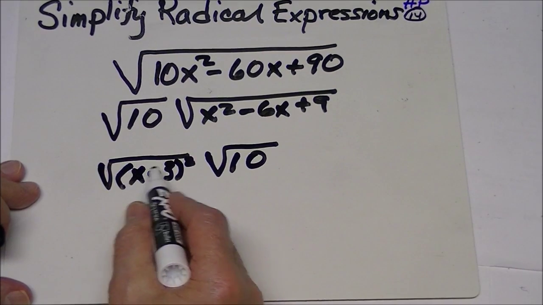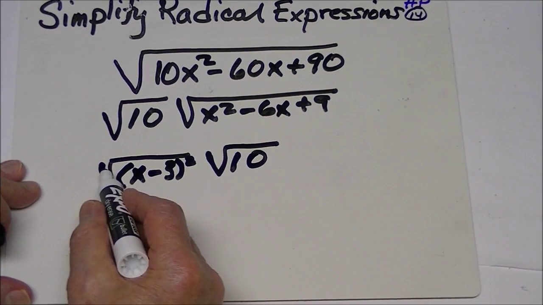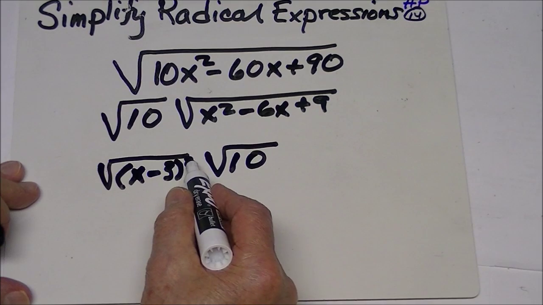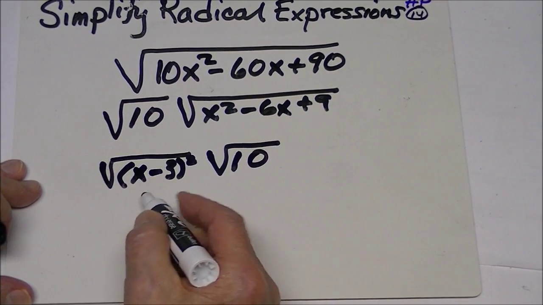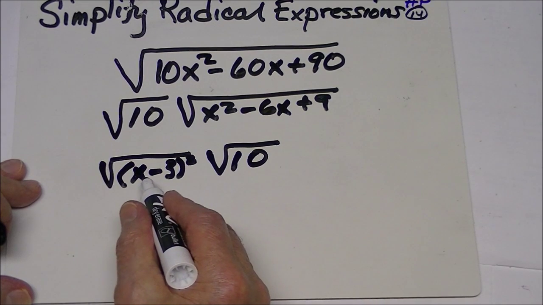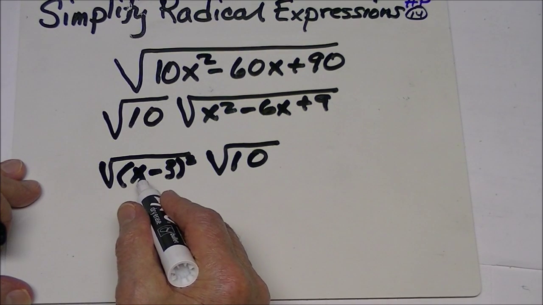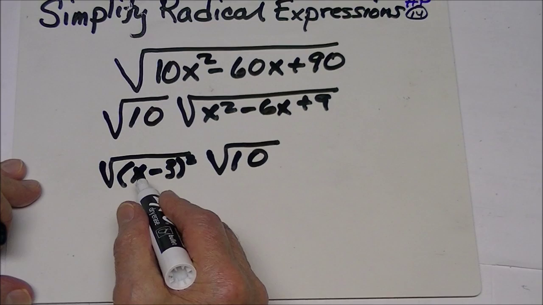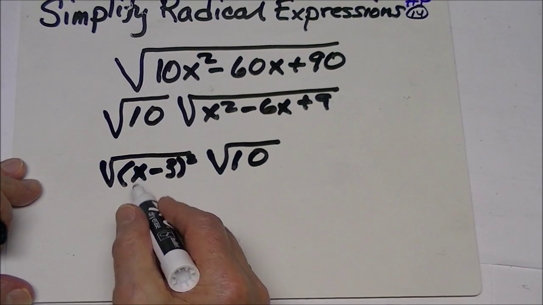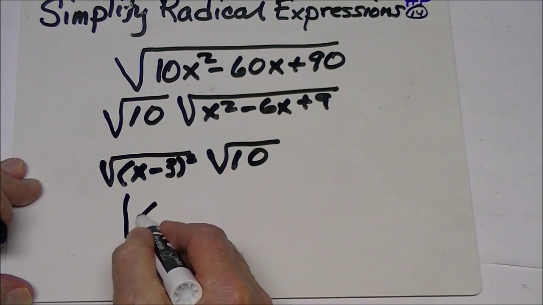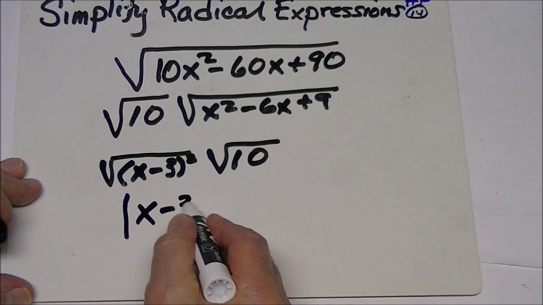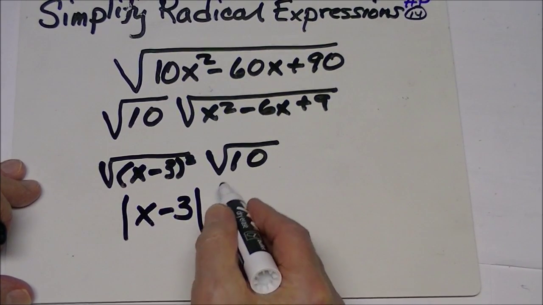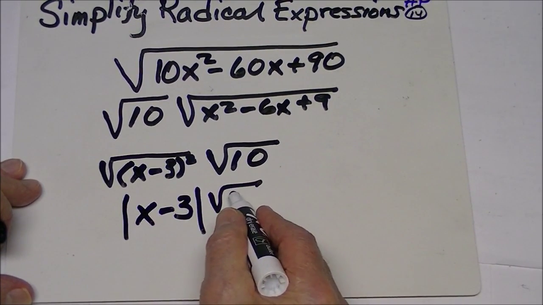So now when we take the square root of this, there's an index number of 2, and there's an exponent 2. 2 over 2 is 1. It just then becomes the radicand. But that could have been a negative value, so to ensure that we protect that, we write the absolute value sign here, and the square root of 10.